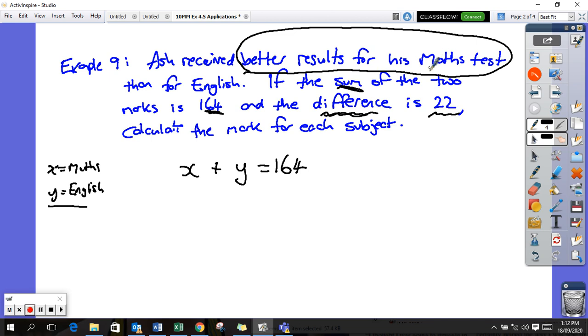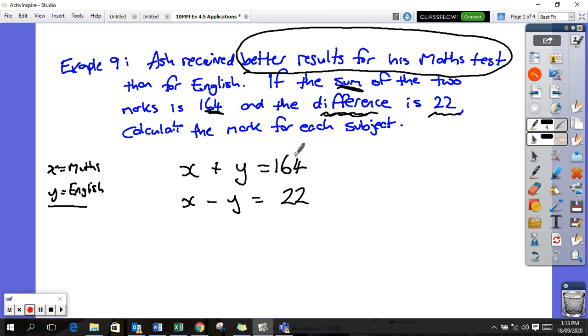If we go English minus maths, it'll be a negative answer. So we need to go maths, which is X, minus English equals 22. Okay, so we've got our 2 equations. Maths minus English is 22, the difference. We know the maths goes first because the maths result is highest.